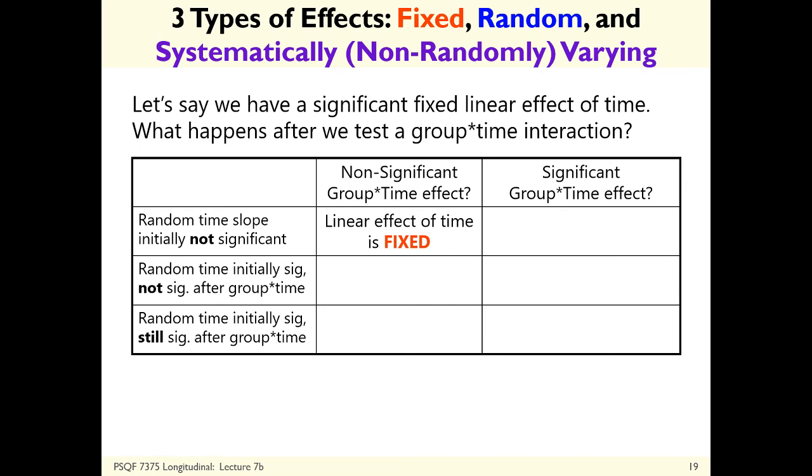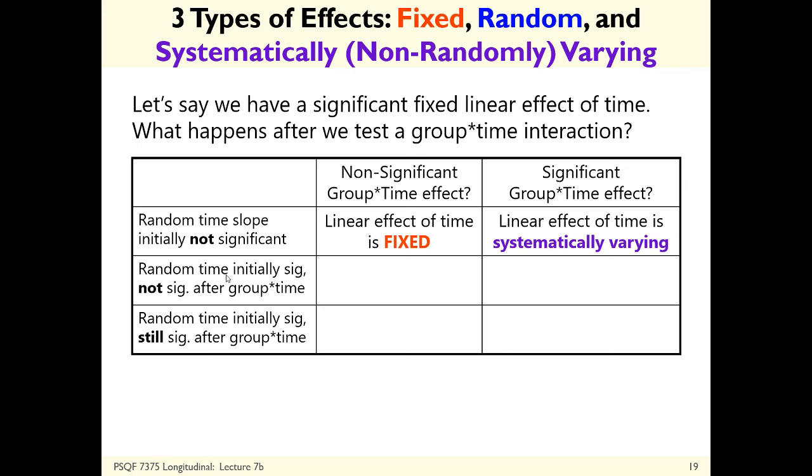Everybody gets the same. It did not vary by group, and it does not vary randomly by person. If that group by time slope were to be significant, that's when I would pick up this new term. Each group needs a different time slope. Otherwise, that interaction would not be significant. But within groups, everybody gets the same. Seems perfectly reasonable, right?